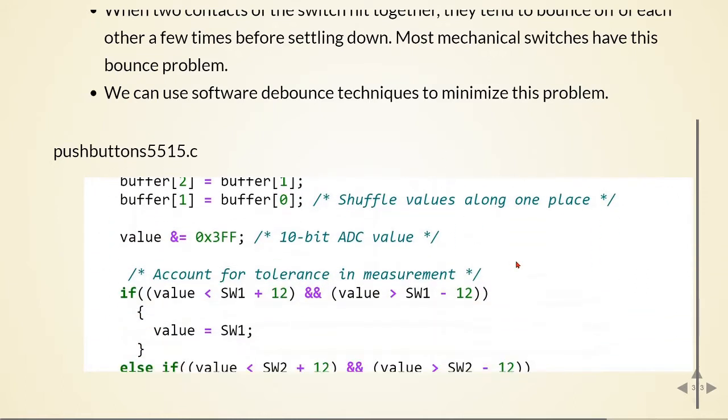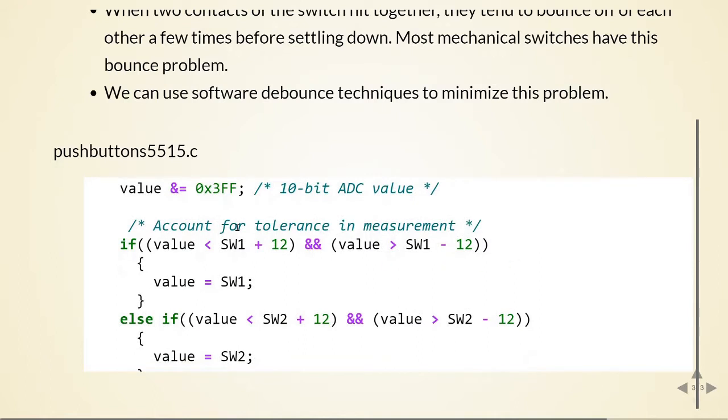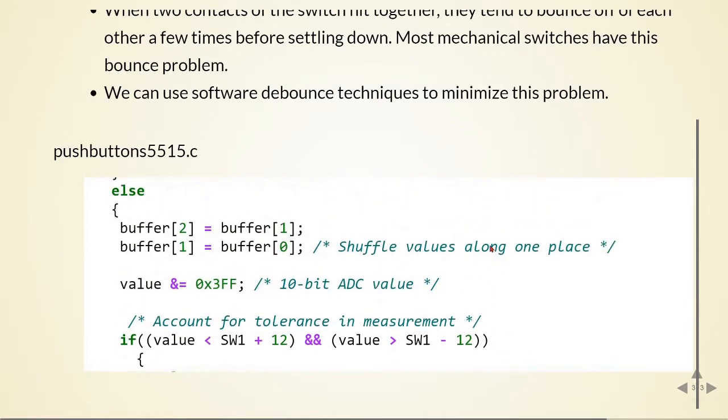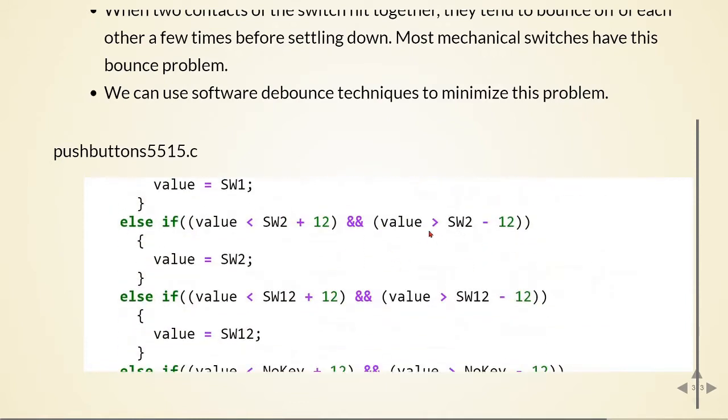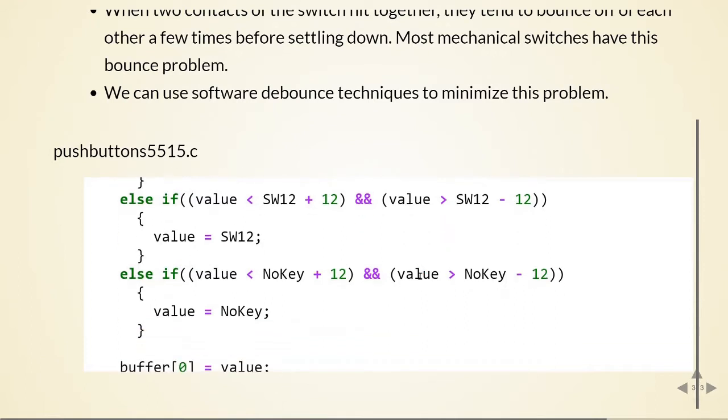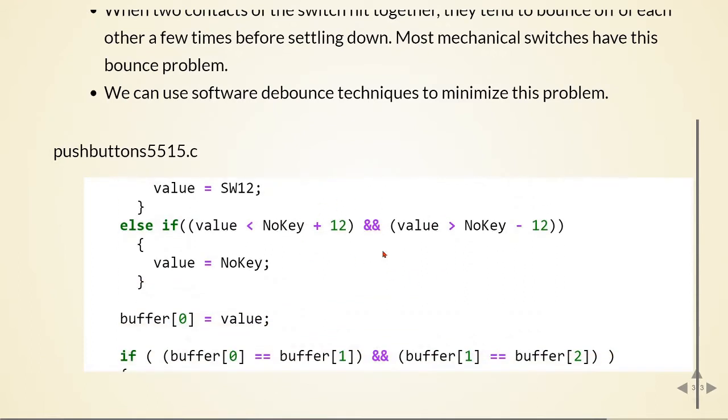Here we check the value of switch 1 with some tolerance, and if the value is in between this interval, the value is equal to switch 1, so we know that switch 1 was pressed. Otherwise, when we read the values from this ADC and it's in between this interval, it means that switch 2 is pressed, and this interval means that both switches are pressed, and this is when no switches are pressed.